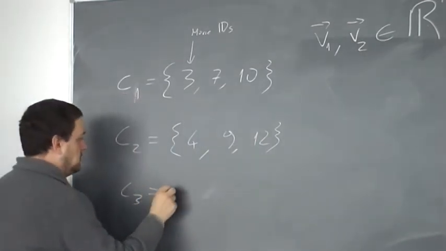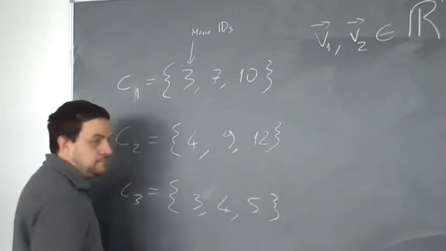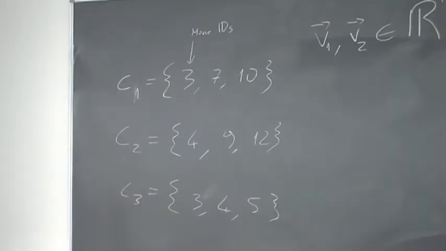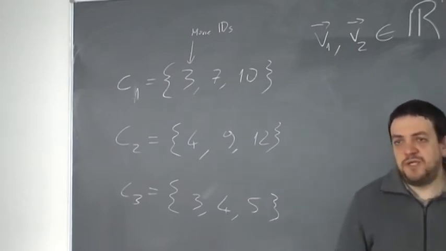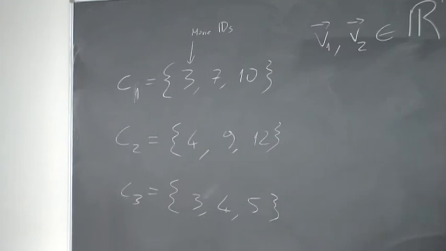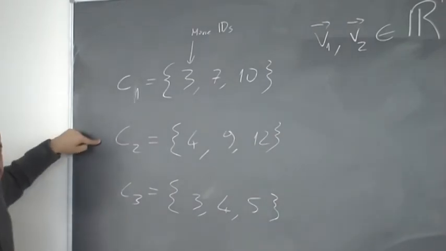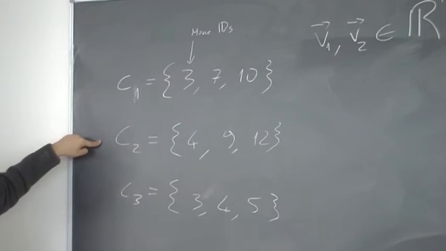Customer 3, okay, 3, 4, and 5. And by this, you would like to build an external representation of customers, a relationship between customers. How can you do that? Well, for example, look at customers 1 and 2. What can you say about their similarity?